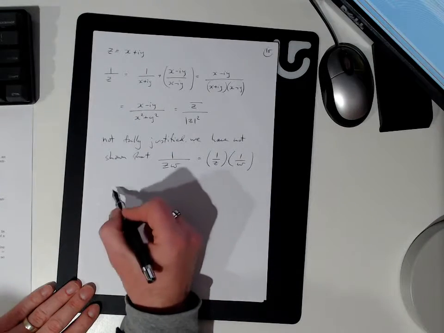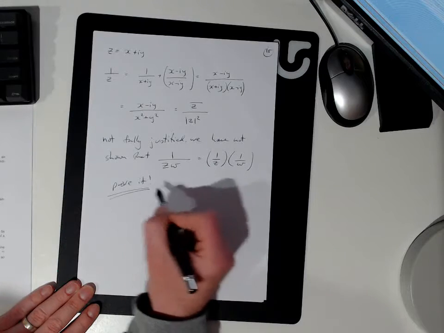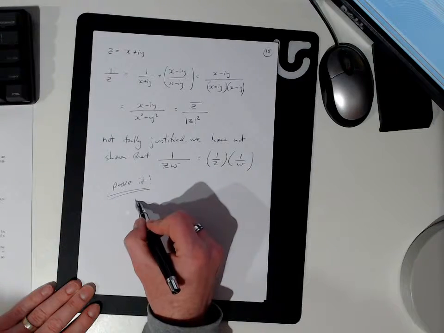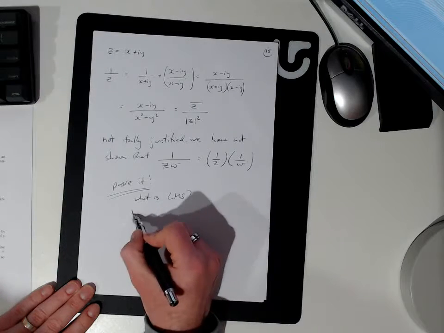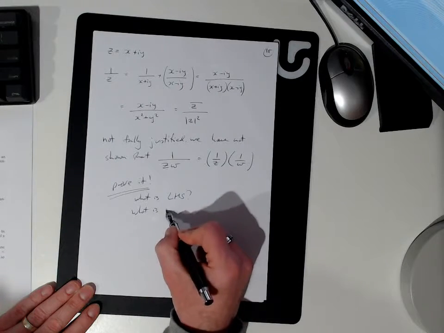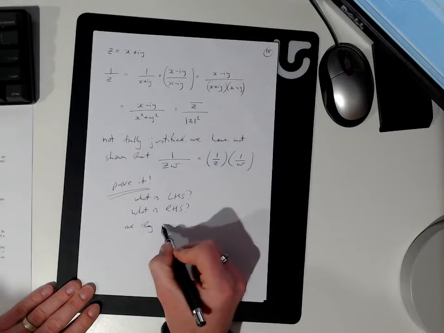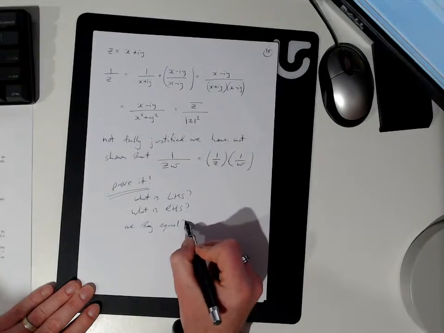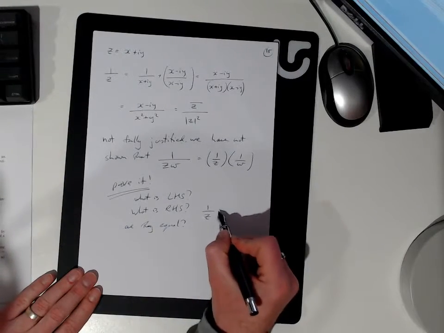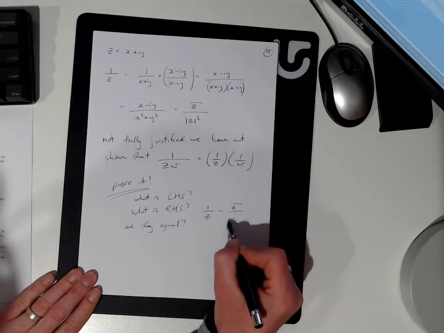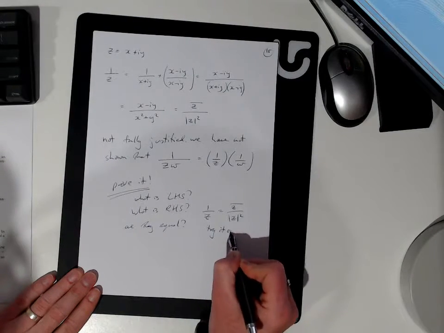You can prove this. What is the left-hand side? What is the right-hand side? Are they equal? And you can do it using the formula 1 over Z is equal to... try it out.